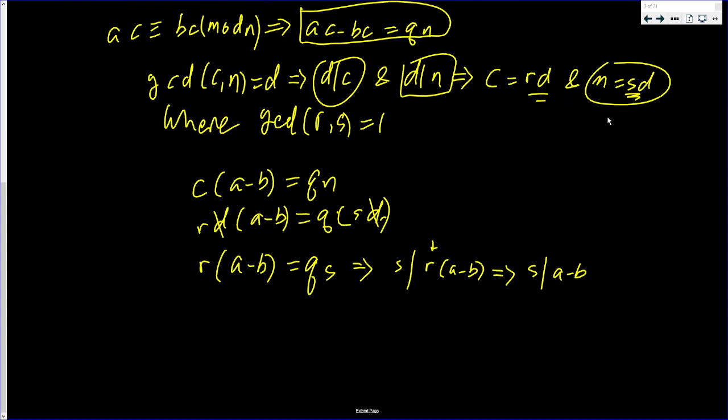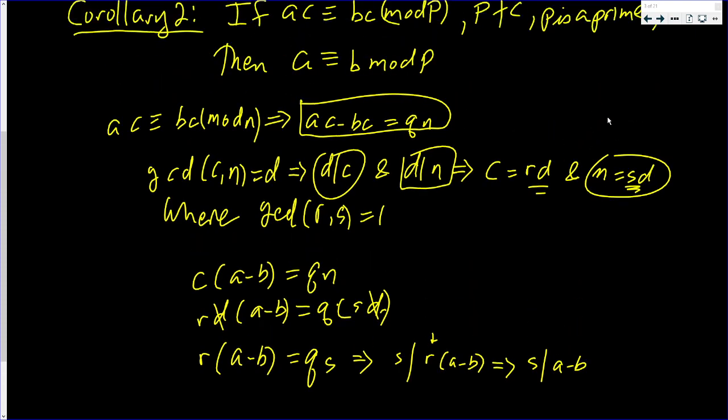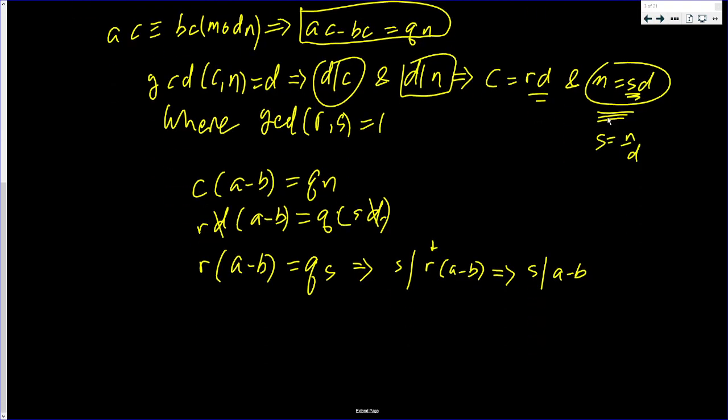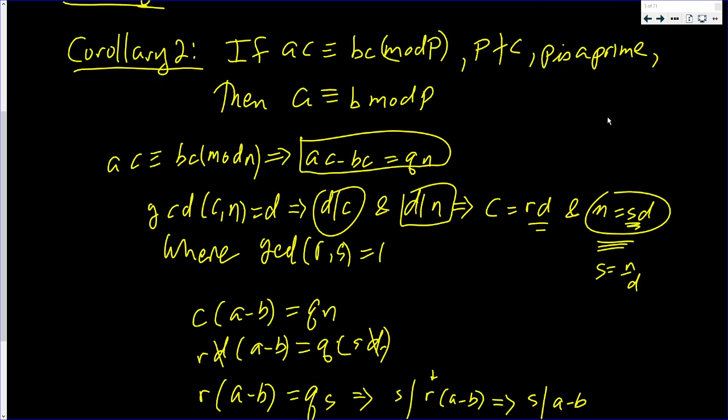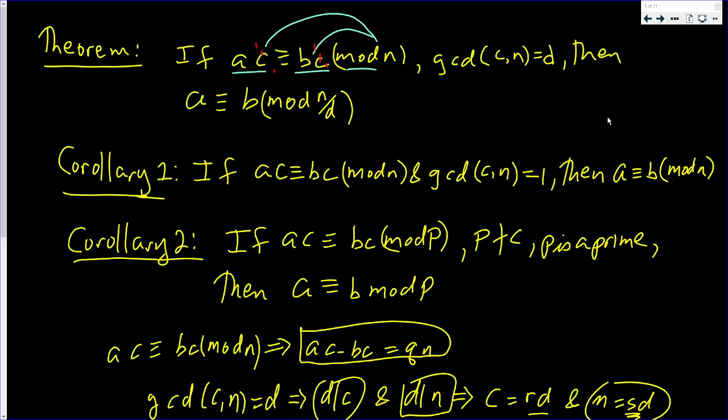Okay, S divides A minus B. Now the question is, what is S? S is n over D. And exactly what do we want to show?